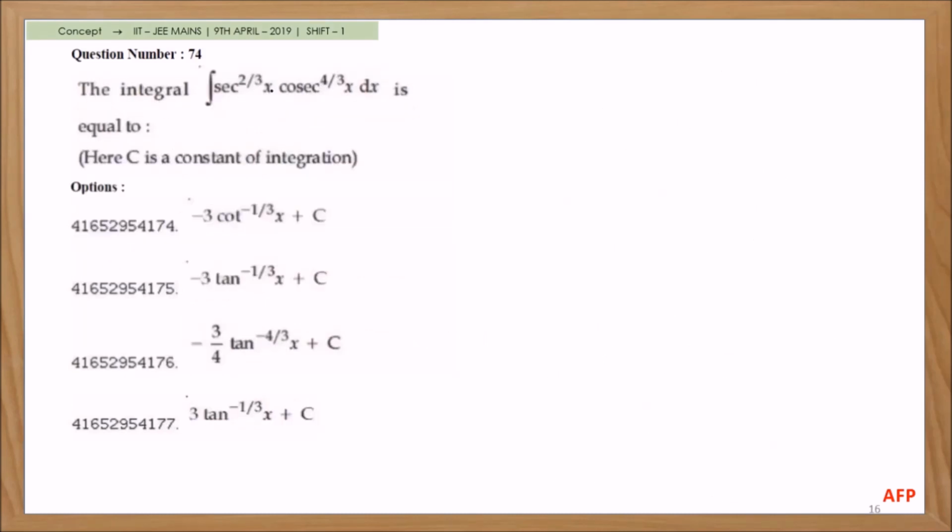Next problem, integral. This integral has been given. We can convert these terms in terms of tan or in terms of cot. So this is the problem we are having. So this implies, we will take it to the denominator, sec^(2/3) x divided by sin^(4/3) x dx.